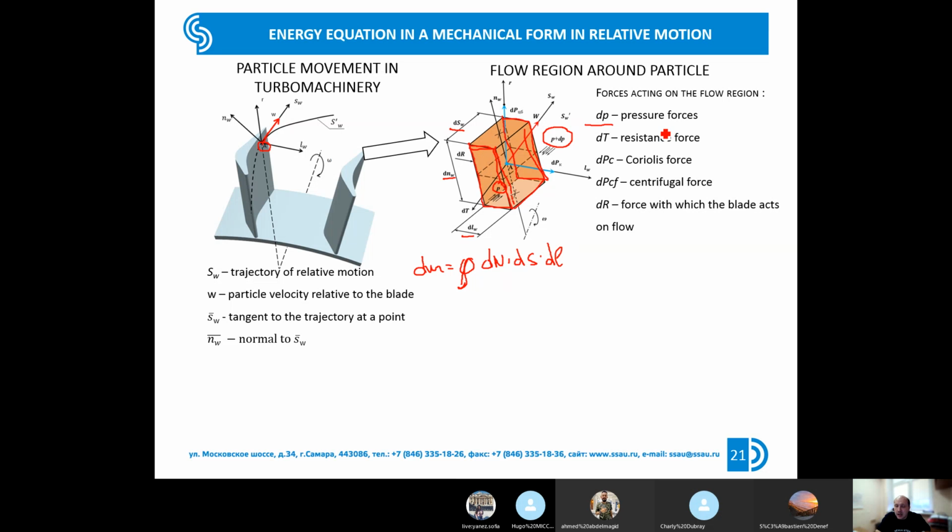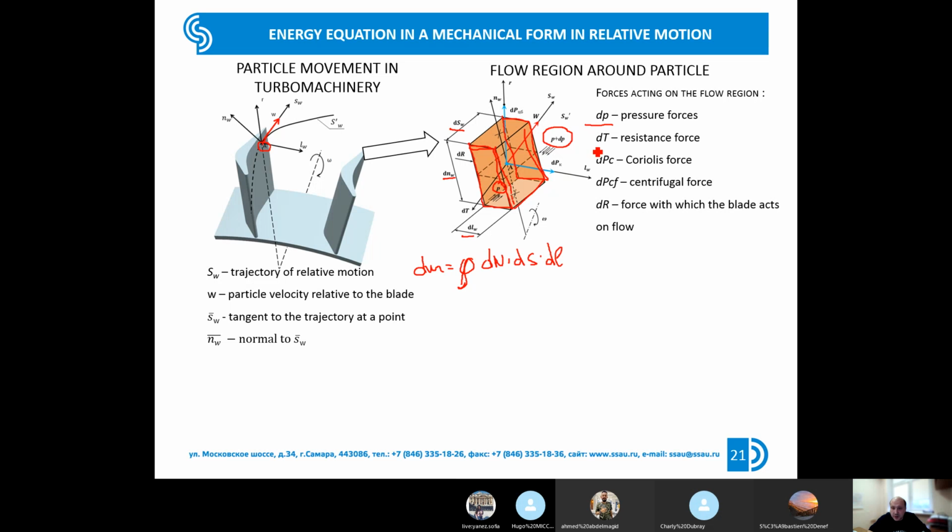That's why we have the influence of the pressure difference force, because in the common case pressure will be changed in all directions of our space.